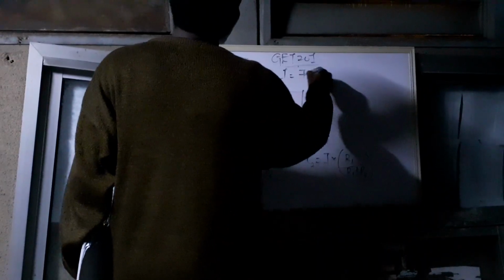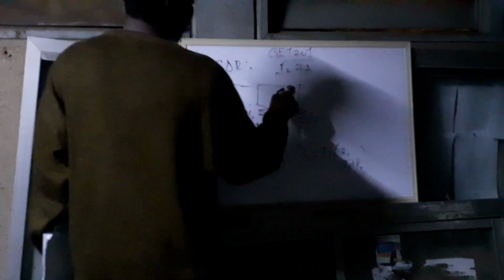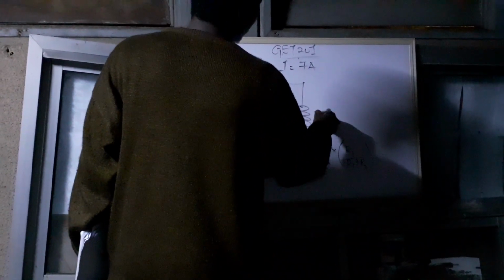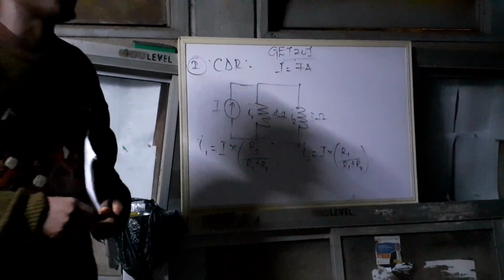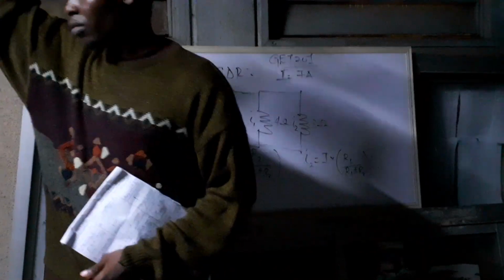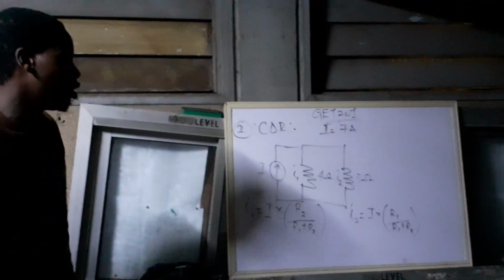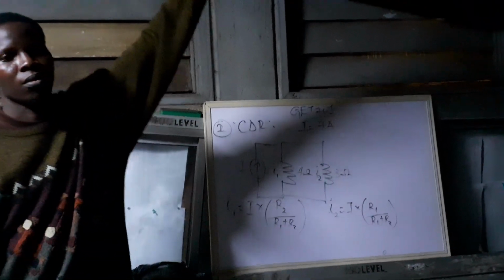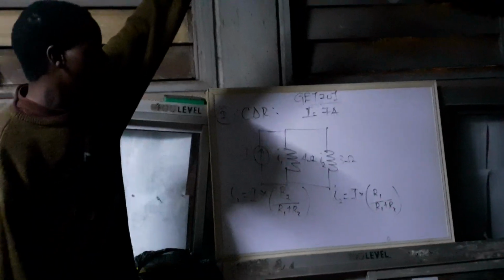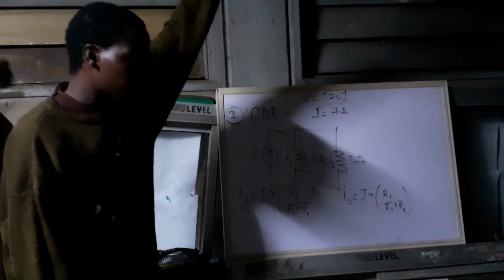So if I'm given I as 7 amps, R1 is 4 ohms, and R2 is 3 ohms, what will be my I1 and I2? I is 7 amps. R2 is 3 ohms, so that's 3 all over 7.